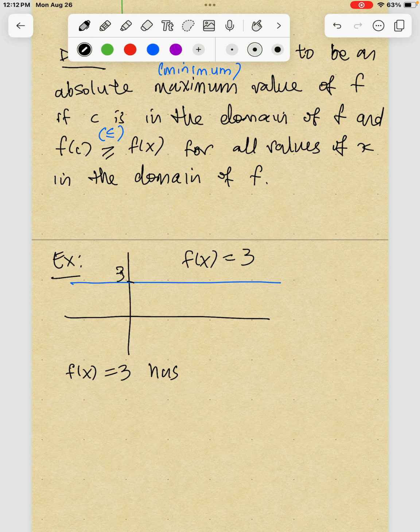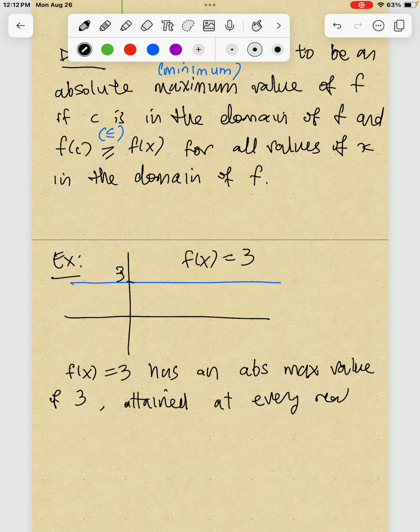So this function, f of x equals 3, has an absolute maximum value of 3. And it's attained at every real number x. And let's think about the absolute minimum value.